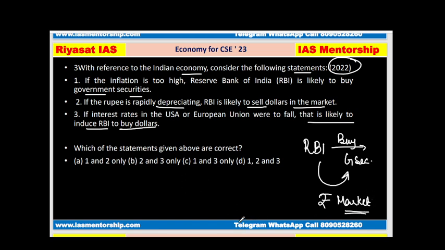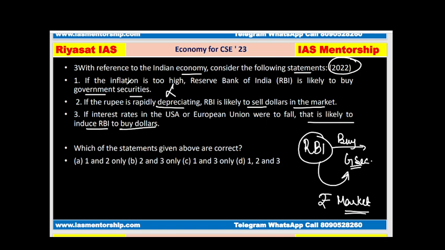If you want to buy something from the market, what you do? You give money to the shopkeeper and you take the good. Similarly, RBI is also doing. For taking G securities, it is giving money to the market. Money to the market, which means that it is pumping money into the market. Demand will increase, inflation will increase. So this will absolutely not be true.